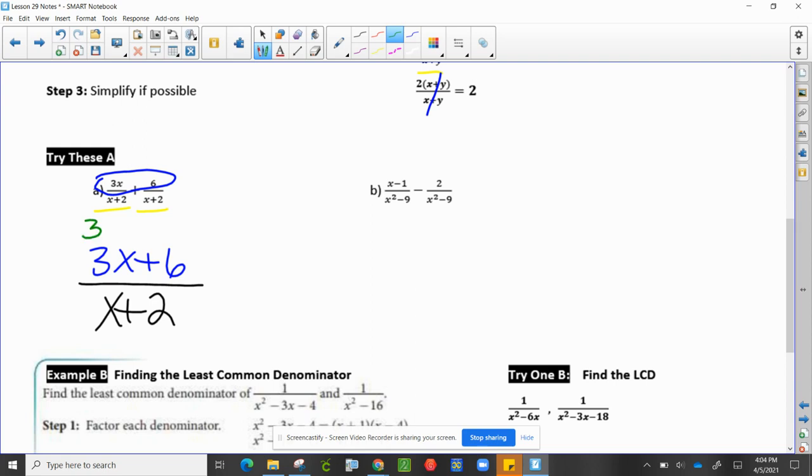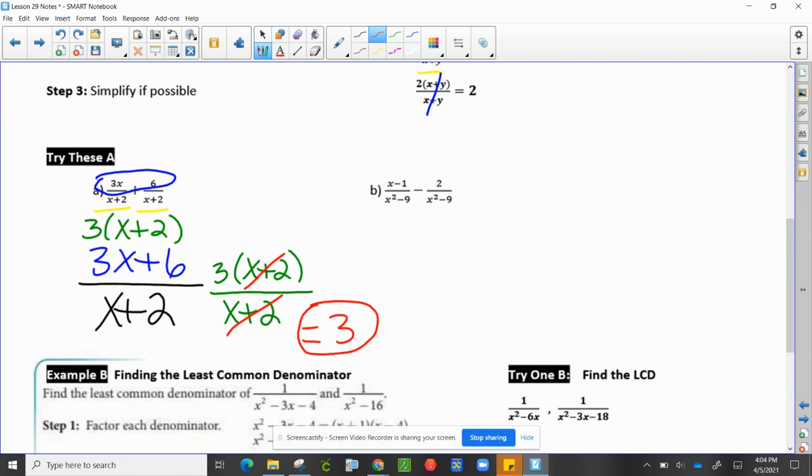That GCF is 3, so if I take that 3 out, I'd be left with x plus 2. That leaves us with 3 times x plus 2 over x plus 2. In this case, it was actually beneficial to simplify the numerator, because now these x plus 2's can simplify out, leaving me with my final answer of 3.